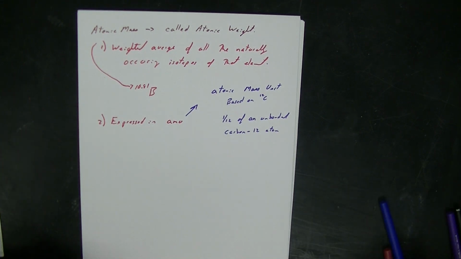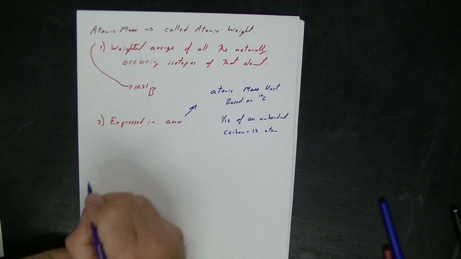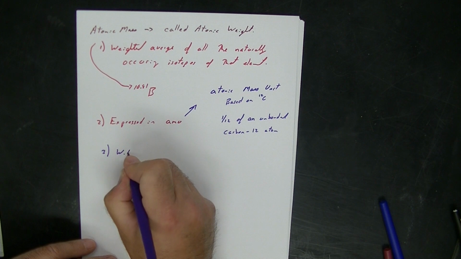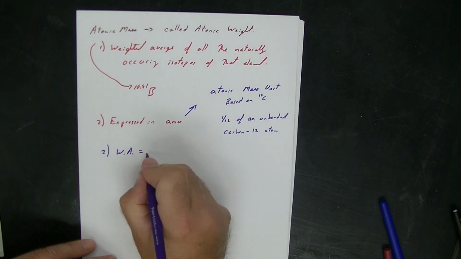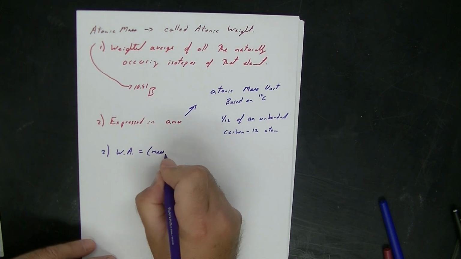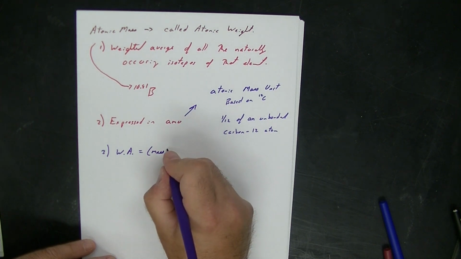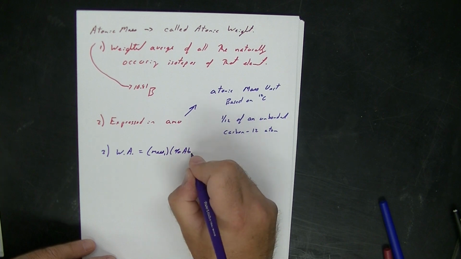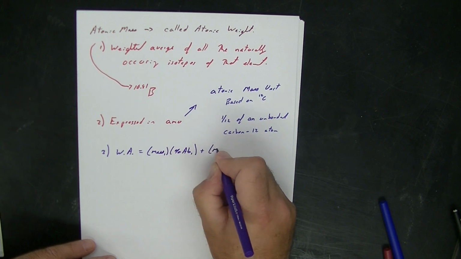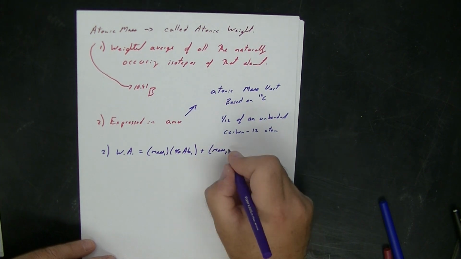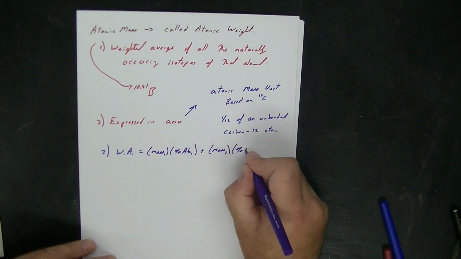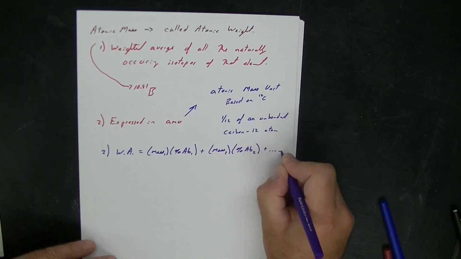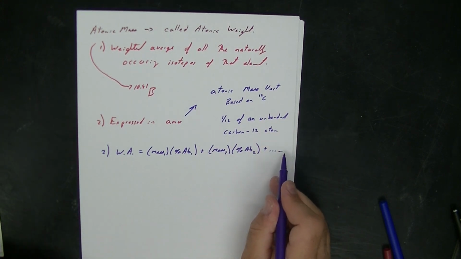So how do we come up with this weighted average? Our weighted average mass is equal to the mass of the first isotope times what's called our percent abundance of the first isotope, plus the mass of the second isotope times the percent abundance of the second, plus the mass of the third times the percent abundance of the third.